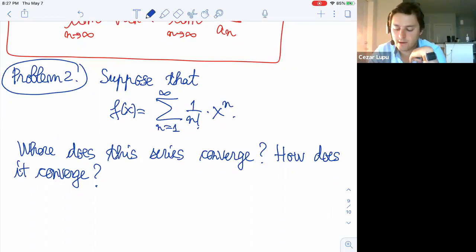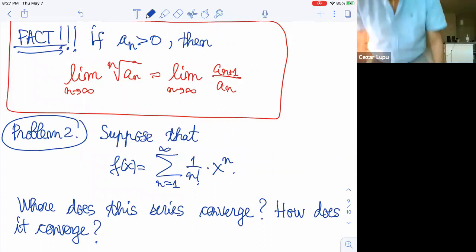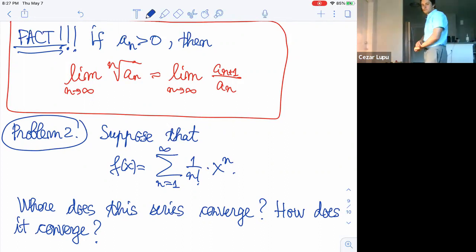In fact, that's what I'm saying above. It doesn't matter which limit you take. You can take the nth root of the sequence or the ratio of any 2 consecutive terms, it's the same thing. Okay, think about it for a couple of minutes. Let's say 5 minutes, and then I'll give you another example.